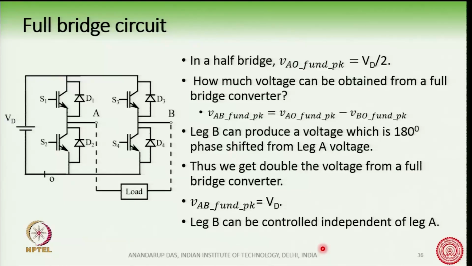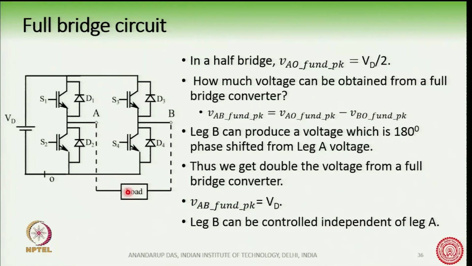So, what is the benefit if I use a full bridge? Suppose I connect my load between point A and point B. So, there are two legs, leg A and leg B, and these are their two outputs A and B, and the load is connected here across AB.